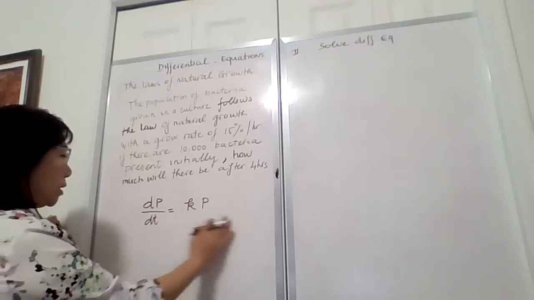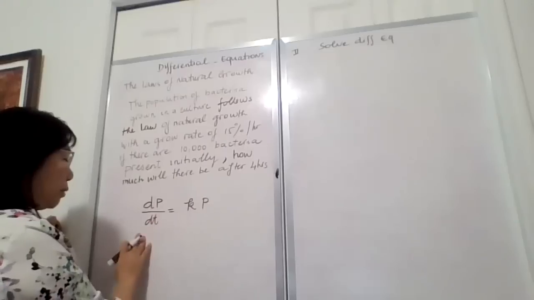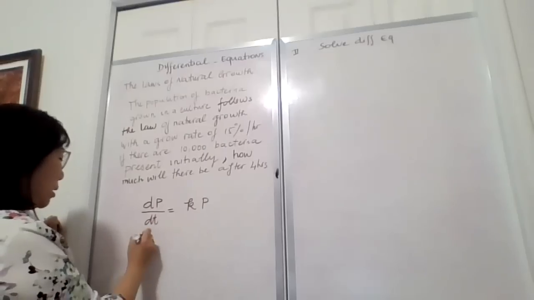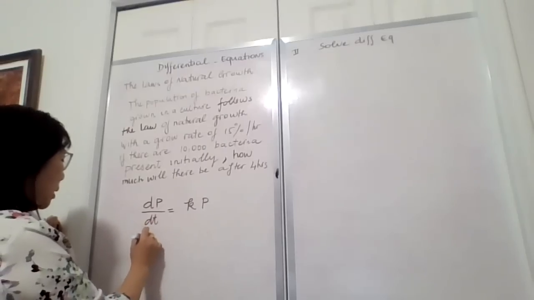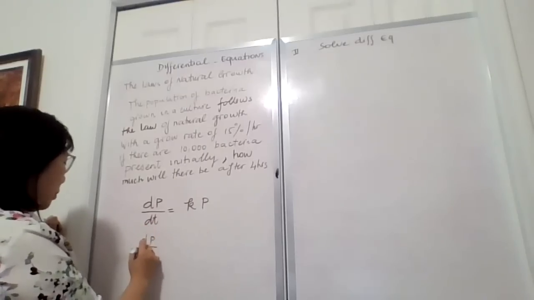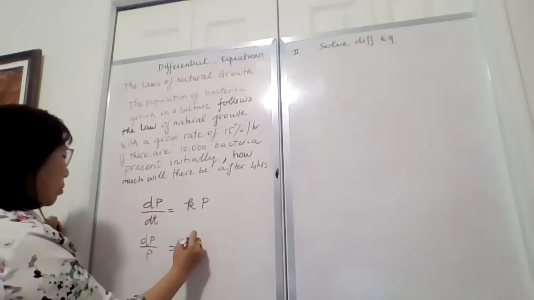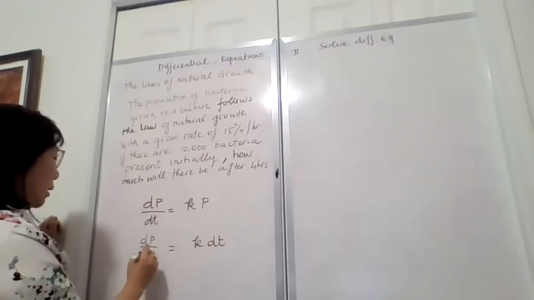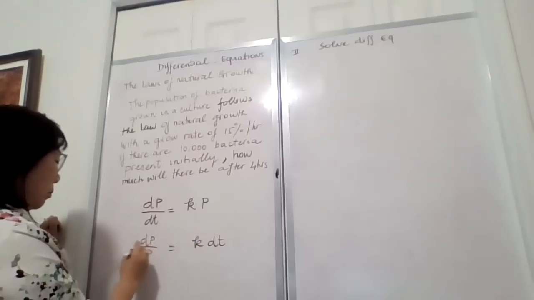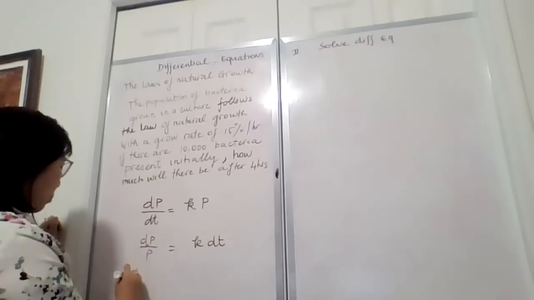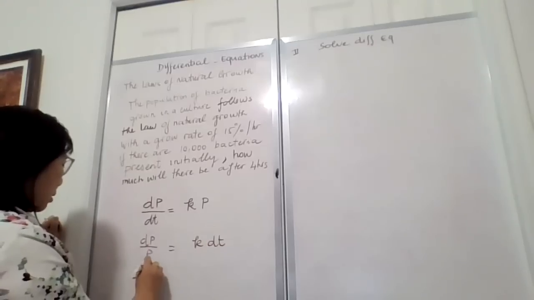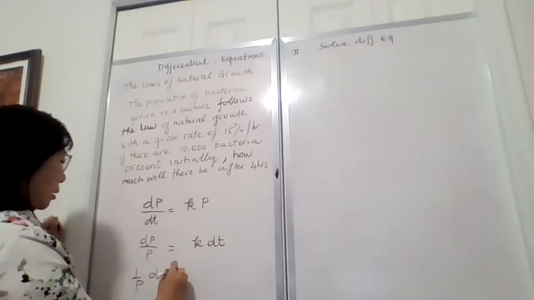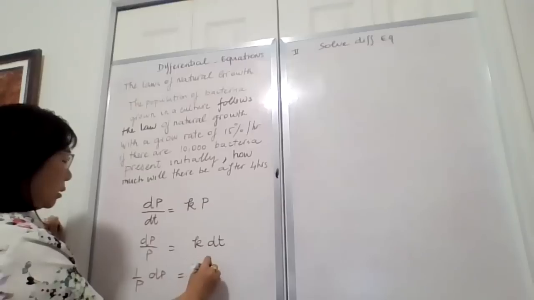So now we bring the t to one side and P to the other side. So we have dP over P equal to k dt. Now I am going to rewrite it as 1 over P dP equals k dt.